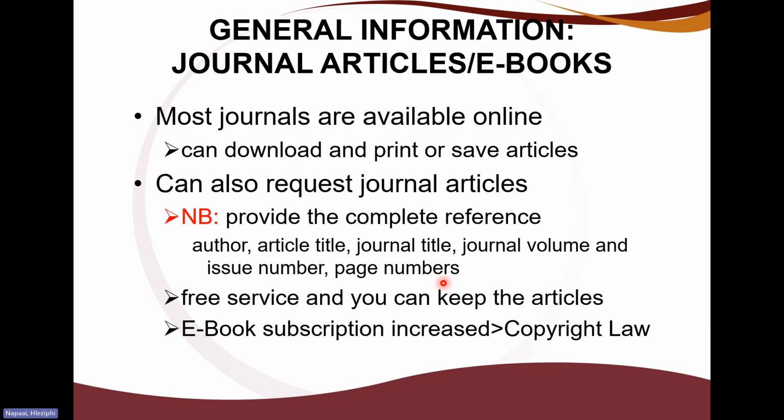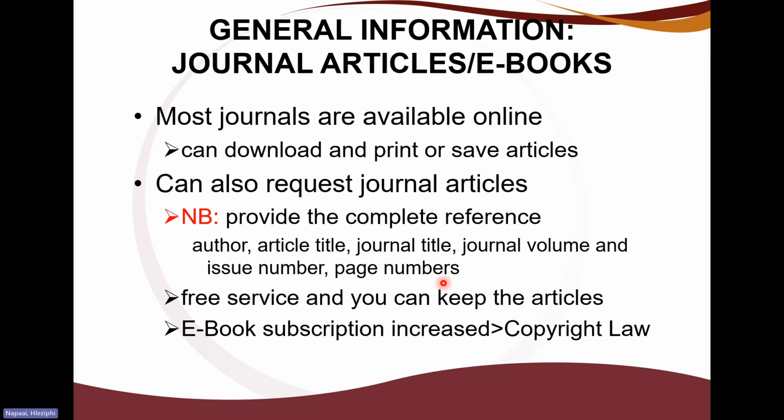Generally, what I would also want to talk about is that whatever you get online, as far as journal articles are concerned, you are welcome to download as many as you want. If you conduct a search in any of our databases, we don't have a limiter.